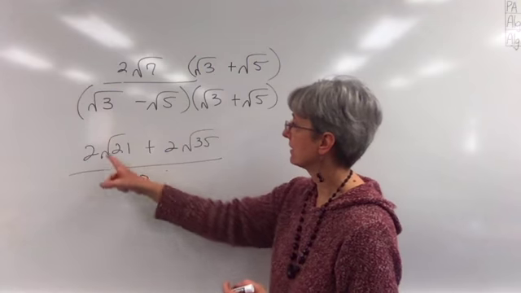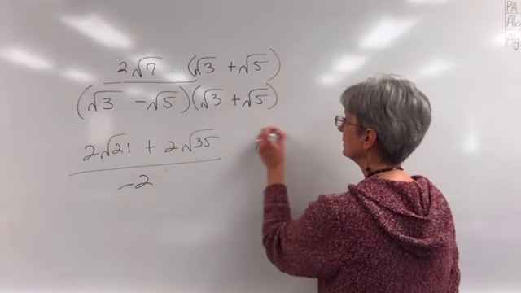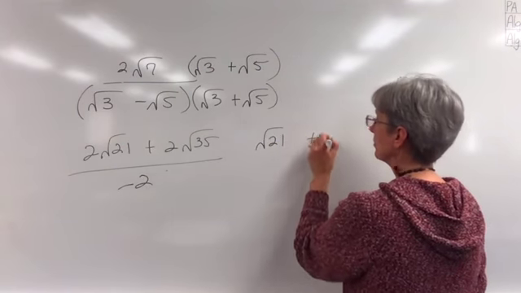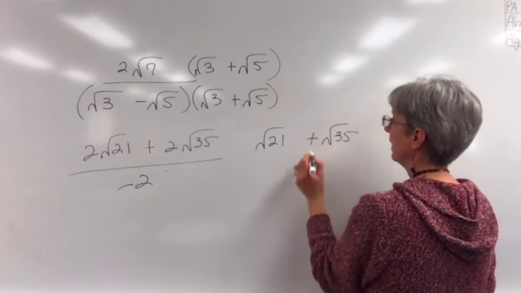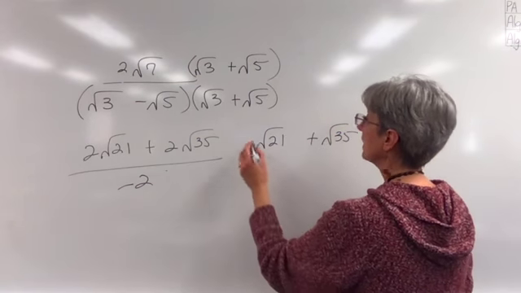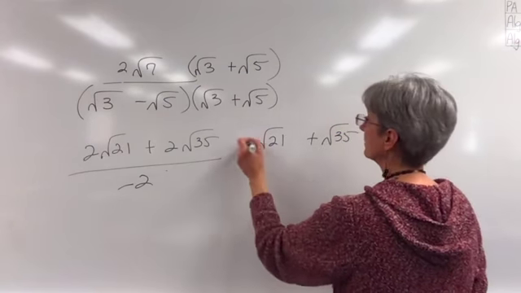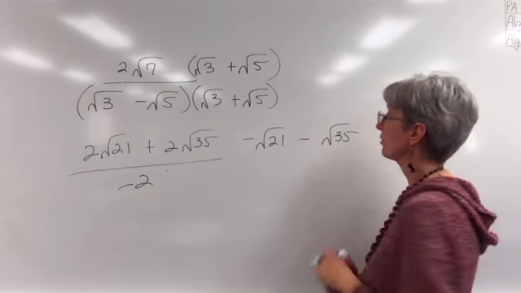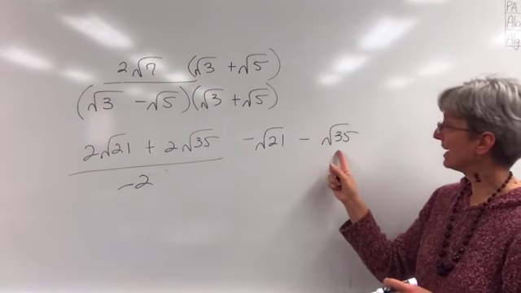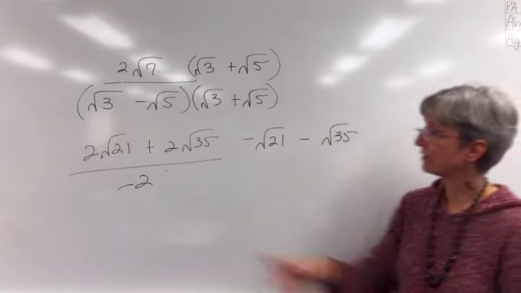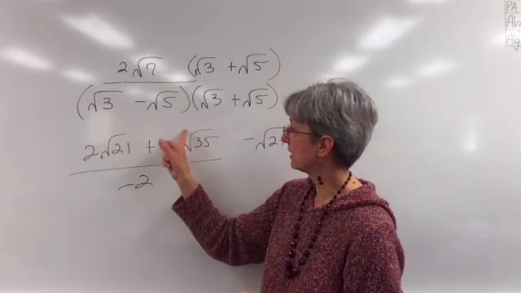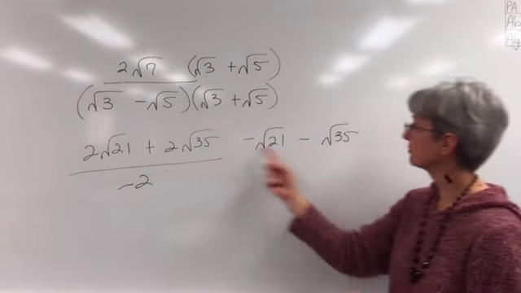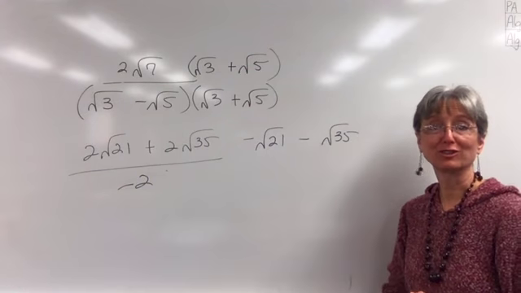So what I have then is square root of 21 plus square root of 35, and this is negative. So both of these are negative. So negative square root of 21 minus square root of 35. This simplifies to be negative 1. This simplifies to be negative 1. So that's my final answer.